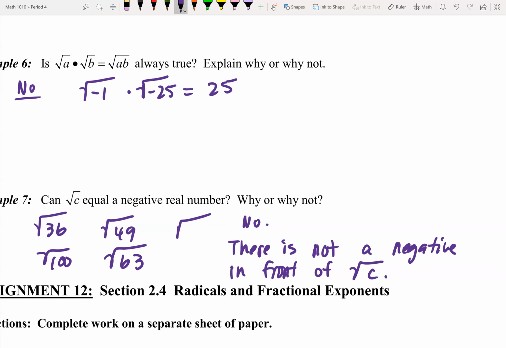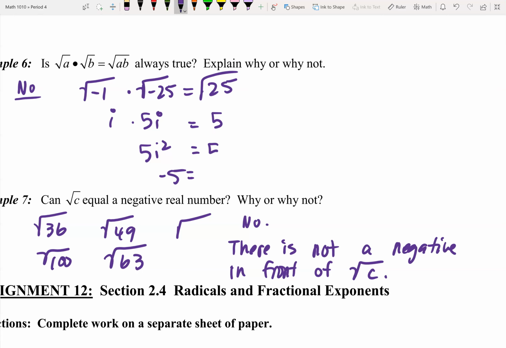There we go. Square root of a negative 1 times the square root of a negative 25, is that equal to the square root of 25? Okay, here's why. Square root of a negative 1 is an i. Square root of a negative 25 is a 5i. That's 5i squared. What's i squared equal to? Negative 1, right? So that is a negative 5.